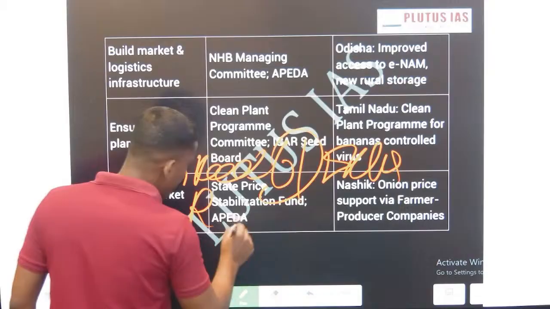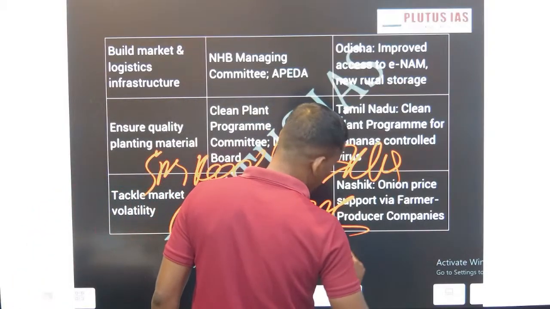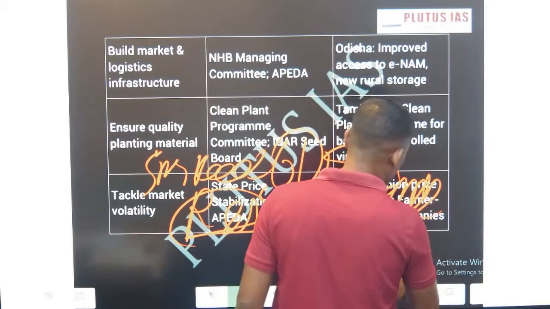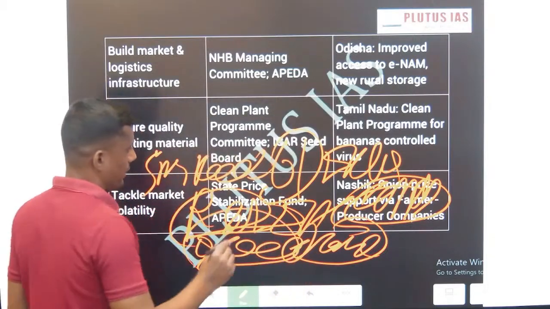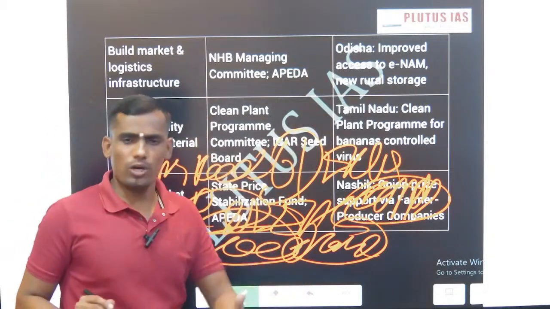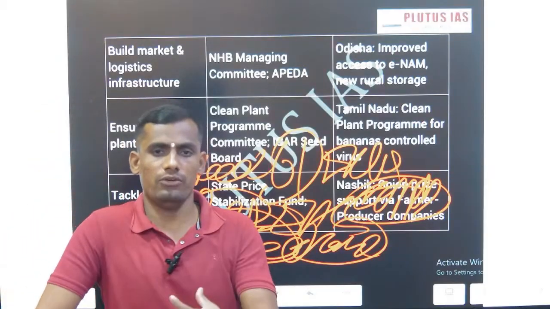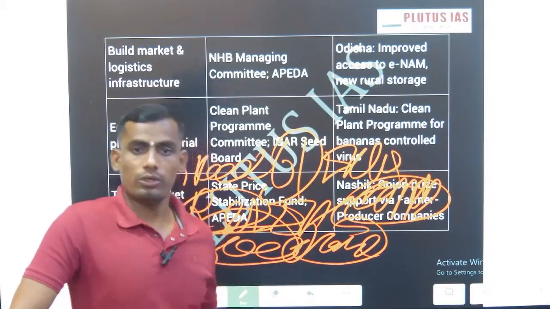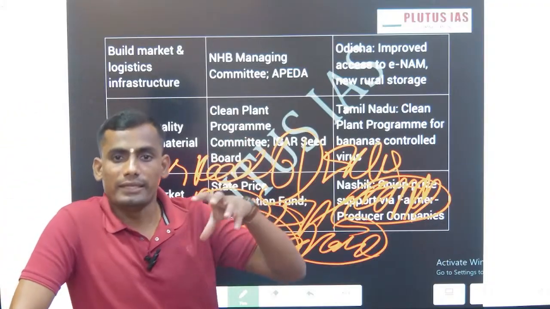Then R&D: the Indian Agricultural Research Institute, Tamil Nadu Agricultural University and Punjab Agricultural University are fully contributing to providing good quality seeds and planting material. The Clean Plant Programme is one program the government of India is implementing, providing support at the feedstock level and the field level for horticulture promotion. This is one approach where the government can address the infrastructure gap.